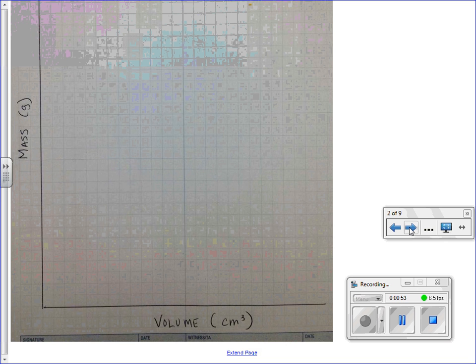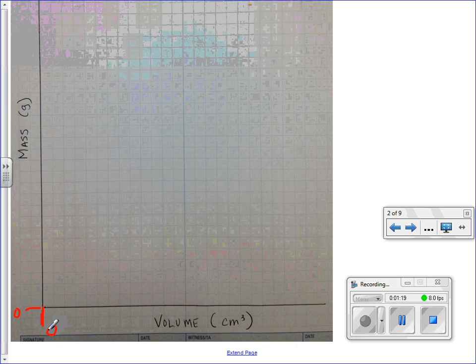Please make sure that you label your X axis as volume in the units of cubic centimeters and label your Y axis as mass in grams. You should also take note that you should be recording the 0 point at the origin as indicated here.